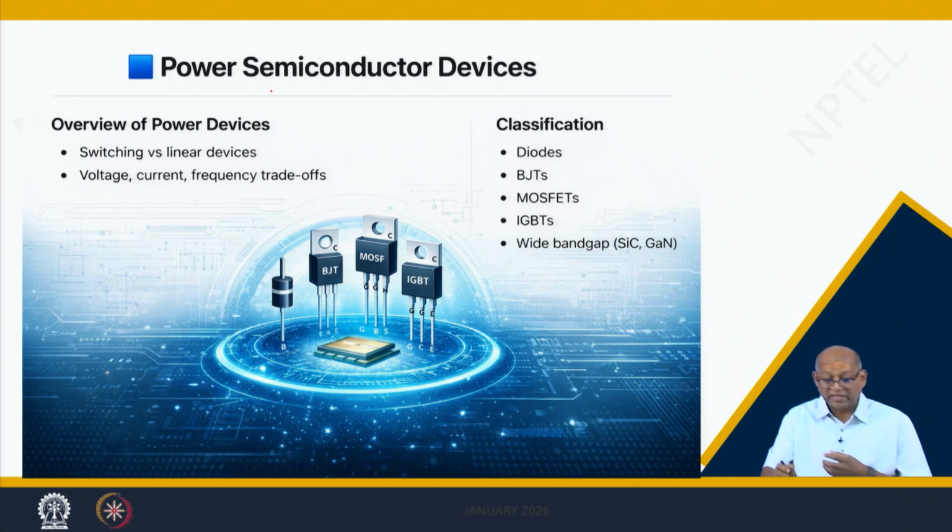You can see here there are some diodes, but they are power diodes, not signal diodes. It is a huge one. Power BJTs, bipolar junction transistors, not so popular, but diodes are there. MOSFETs, they are called power MOSFETs, not ordinary MOSFETs.